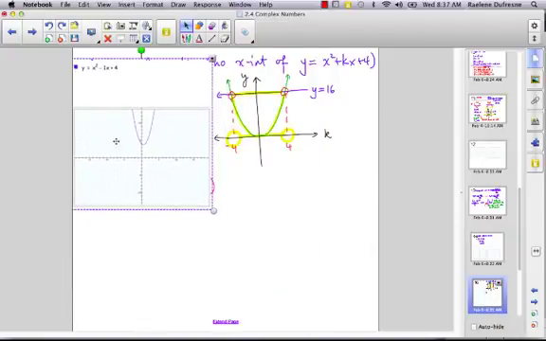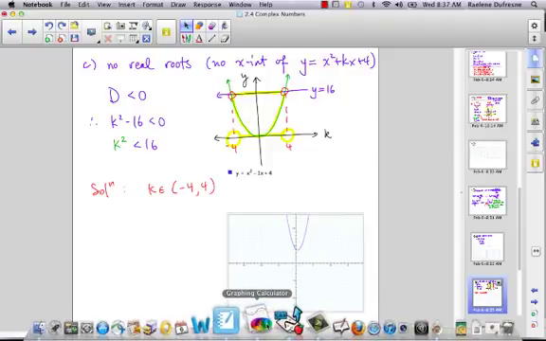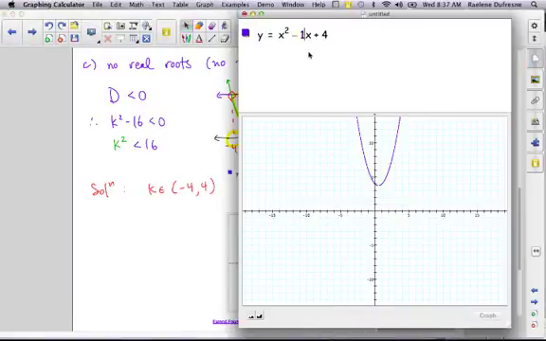So let's just take a quick look at what happens if we change the values of k one by one. If I change this from -1, let's go down to -2, to -3, to -3.4, to -3.5, to -3.6. As the k value is getting closer and closer to -4, the parabola is getting closer and closer to the x-axis.